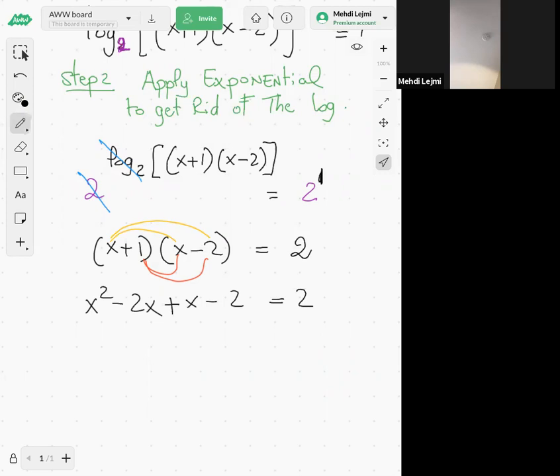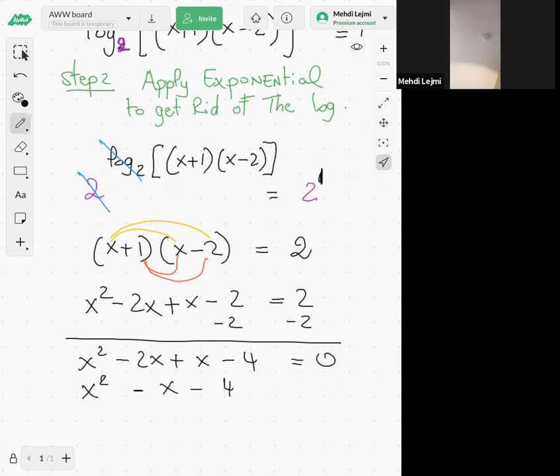All right, so this is actually just a quadratic equation, right? So I'm going to subtract 2 from both sides. So that's x squared minus 2x plus x minus 4 is equal to 0. There's this minus 2x plus x. That will be x squared minus x minus 4 is equal to 0. Right? So this is now just a quadratic equation, so I can solve for x.